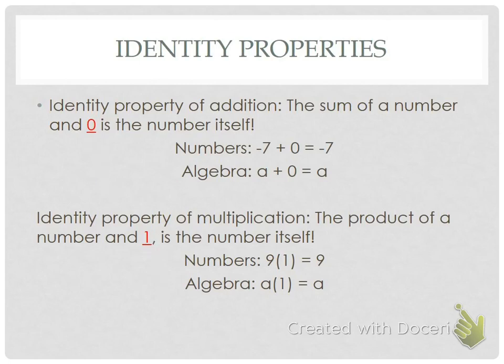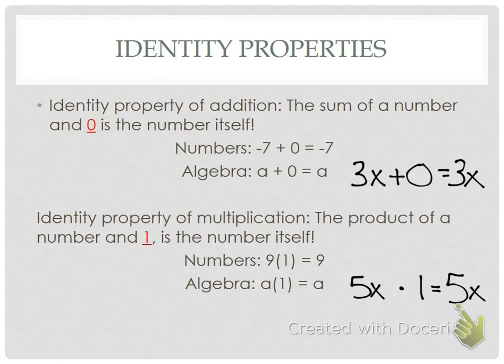What if I had 3x plus 0? What's going to be my answer? 3x. What if I had 5x times 1? 5x. So it still applies when I use variables. The same rules still apply.